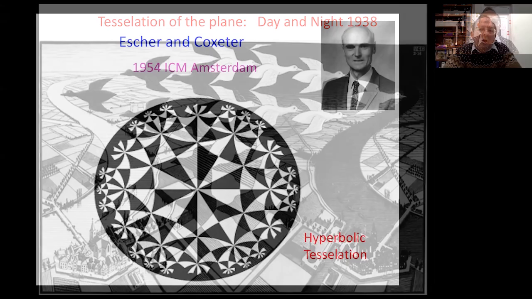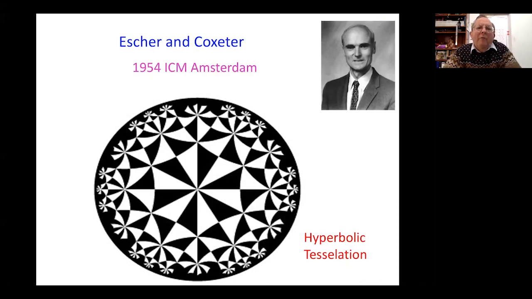I'm sure you are very aware of the International Congress of Mathematicians, the ICM, which happens every 4 years and is the biggest conference there is for pure math, and is where the Fields Medals are awarded. And in 1954, the International Congress of Mathematicians was held in Amsterdam, which is where Escher was living at the time.